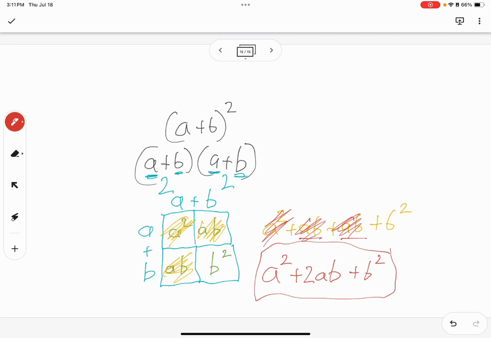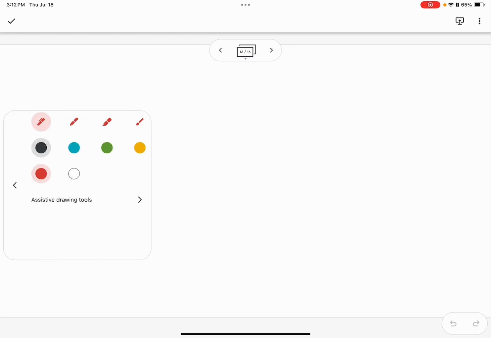And then the last thing, got two ways of solving this too. So if we have y, quantity y plus 1 multiplied by quantity x plus y plus 3, okay? First way we can do it is the distribution property.